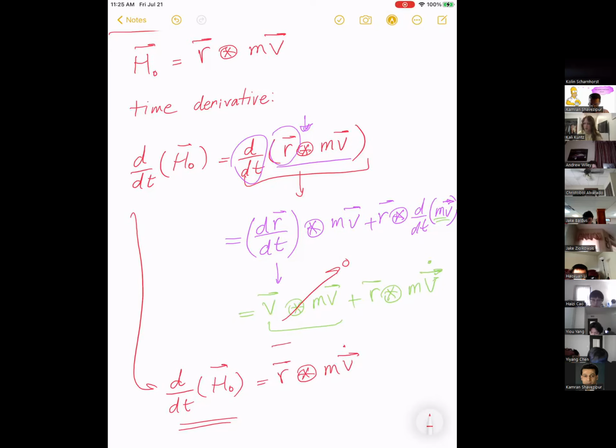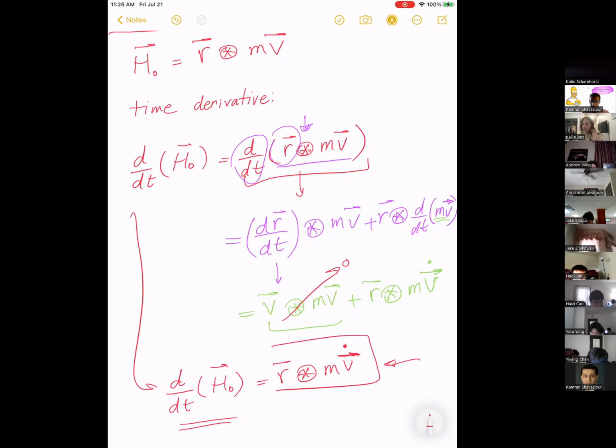Now, have you seen this before? Go and check your notes, see if you have seen this before. Like five, six, seven lines back. Kelly, what does this represent? That's like the moment of linear momentum. No. Linear momentum is mv. There's no dot.